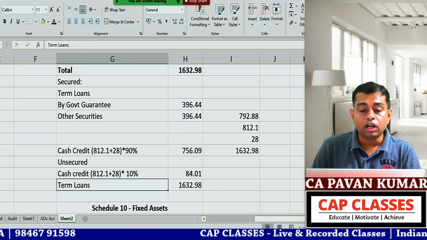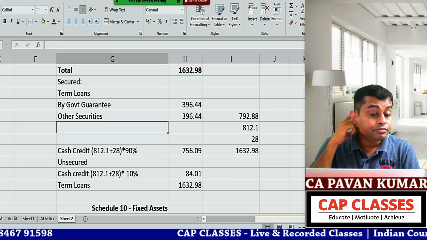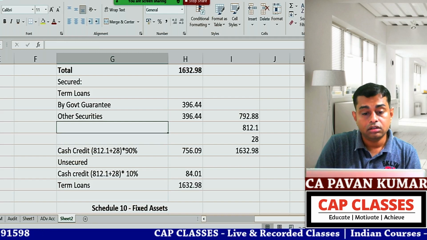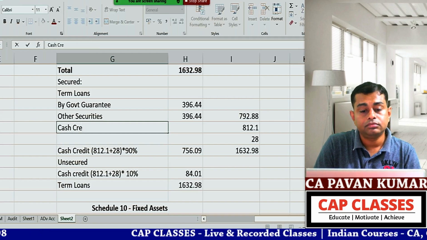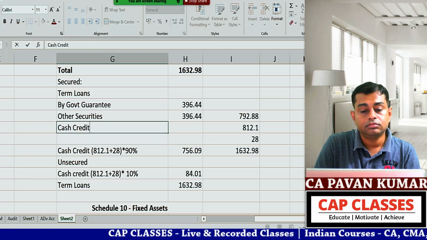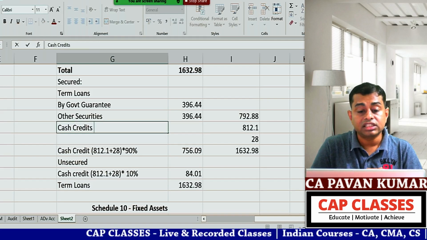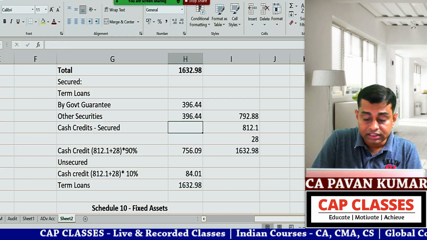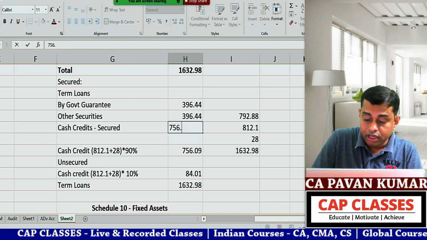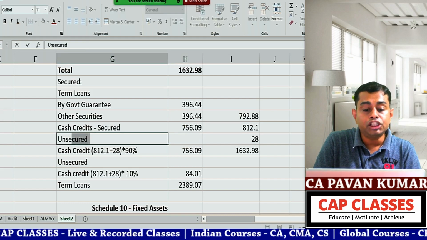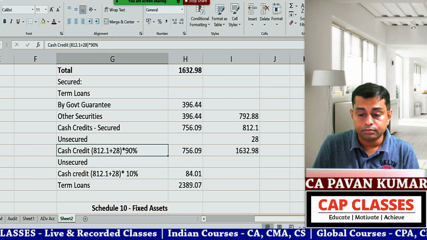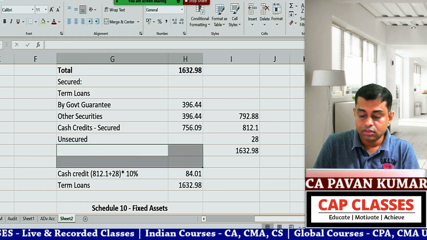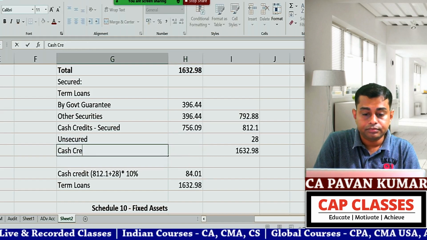So this is about term loans. Then cash credit. Cash credits secured, 756.09. Then we'll show unsecured cash credit, 84.01.